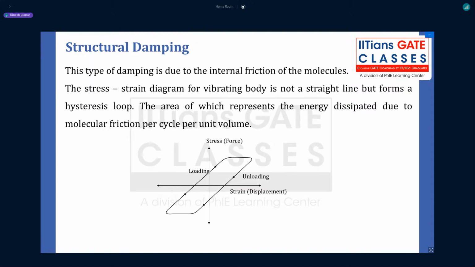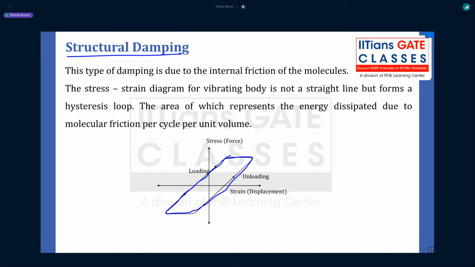So that's about Coulomb's. Now the last part is structural damping. Structural damping is usually due to intermolecular forces. Whenever the system is loaded, the loading and unloading will be different. During loading and unloading, there will be a dissipation of energy, and that energy will be shown in the form of a hysteresis loop.